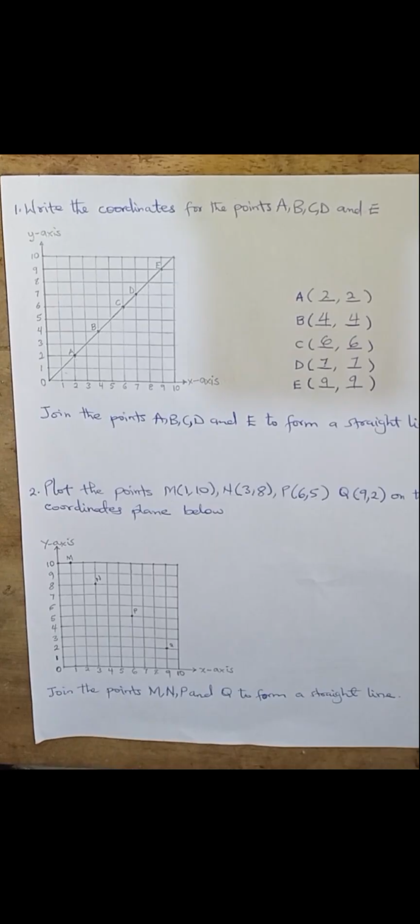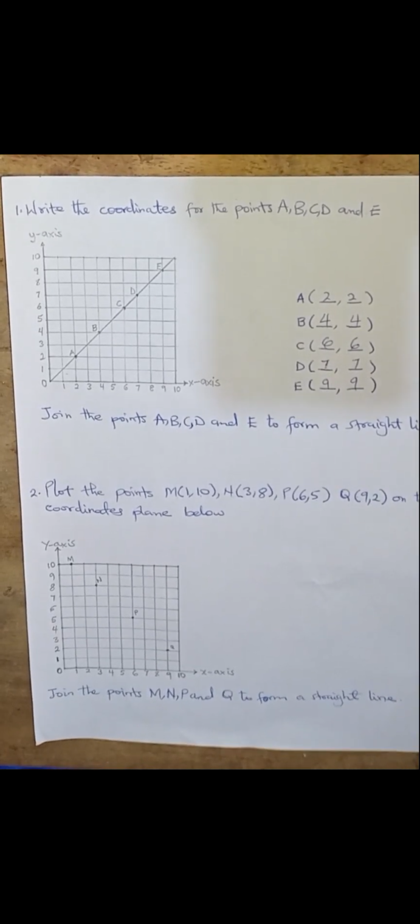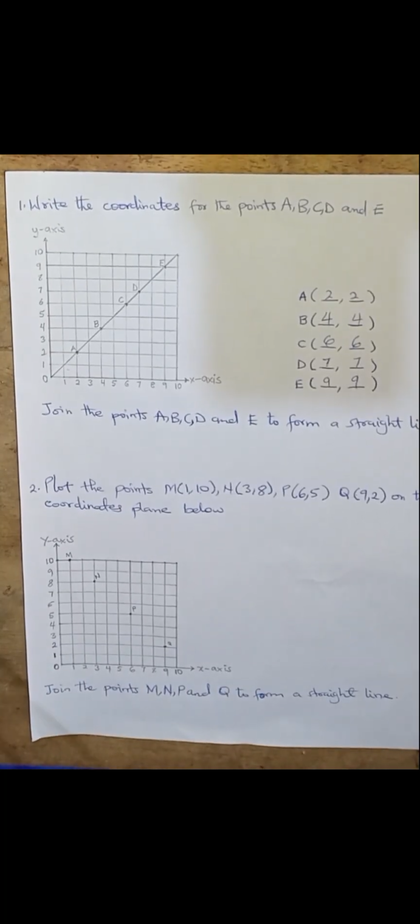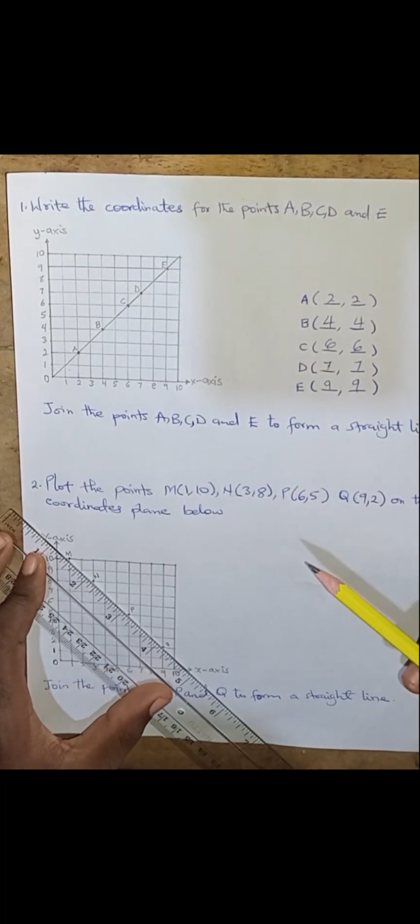The question says join the points M, N, P, and Q to form a straight line. Okay, so I pick my ruler. Then I align it.